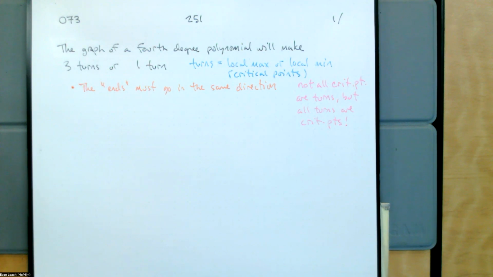Stupid n and I blame English. So now that we've got these turns are going to be based on critical points, since we're dealing with a 4th degree polynomial, the derivative of a 4th degree polynomial will be a 3rd degree polynomial.